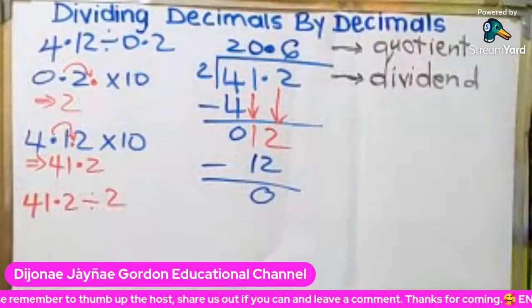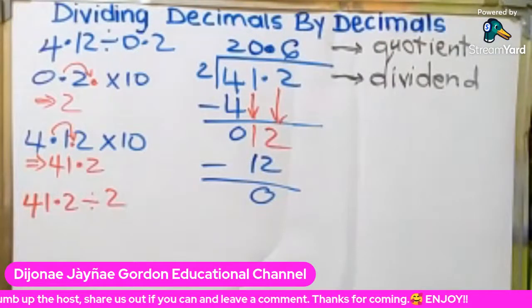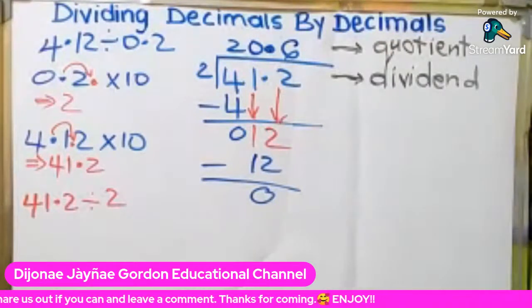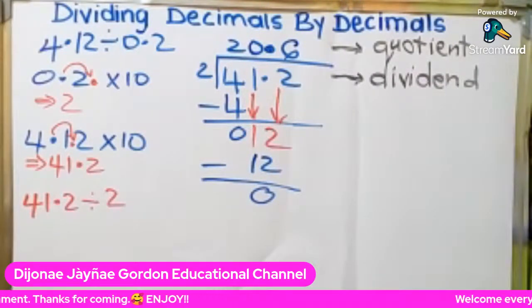All right. So our quotient is 20.6. And of course, your quotient is your answer. I'm going to leave this problem for you to look at it for a while. And of course, I will erase it in a few.